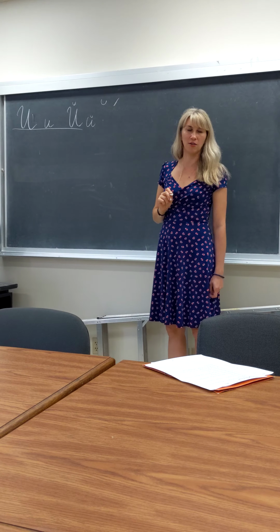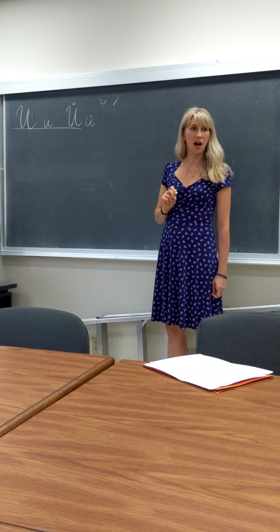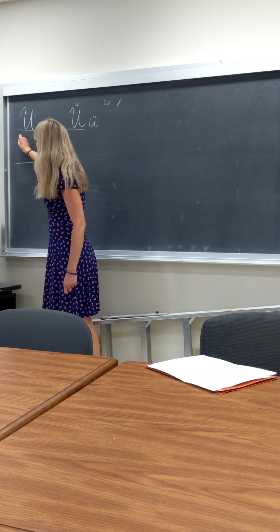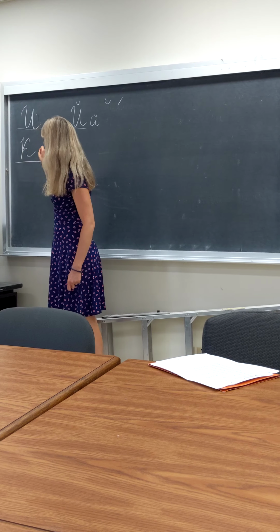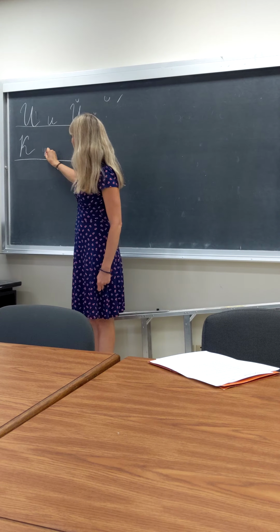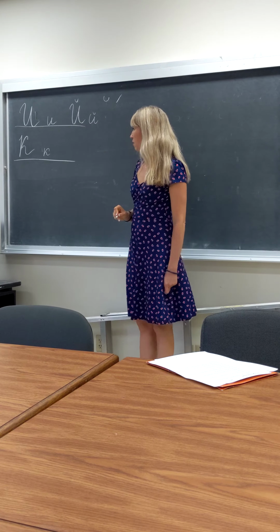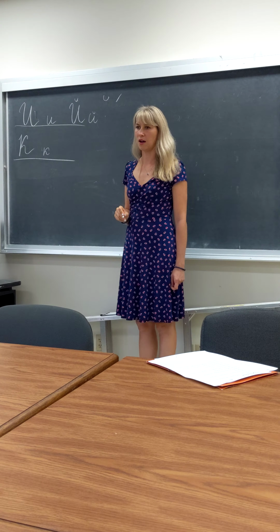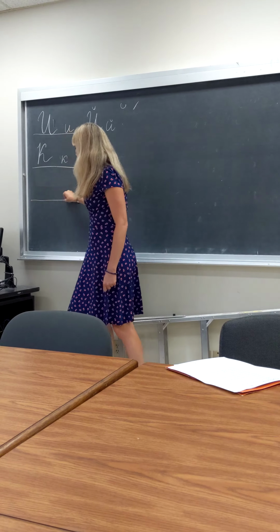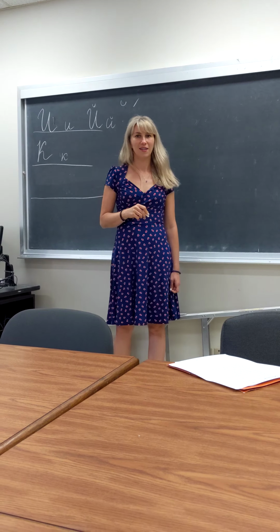What's the name of the next letter? Ka. The name is Ka, but the sound is K. And the little one looks the same. Next is, how do you connect the ka?